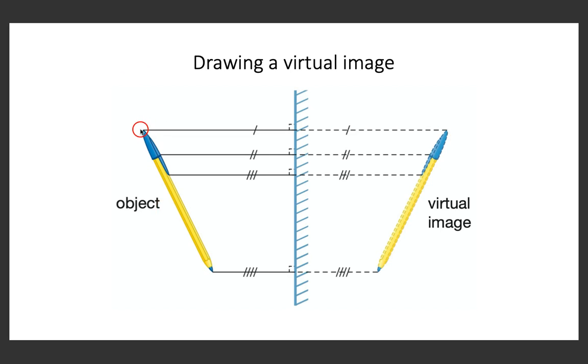For example, they might make a mistake where they draw the virtual image as being at an angle like the original object is, which is not correct. So we just need to be careful and make sure we understand that the virtual image is always an equal distance away from the mirror as the object is. You have an opportunity now to practice drawing some virtual images.